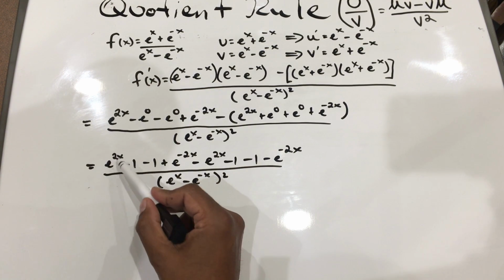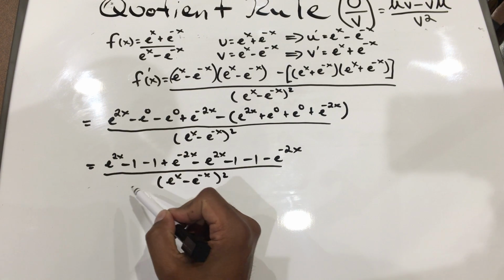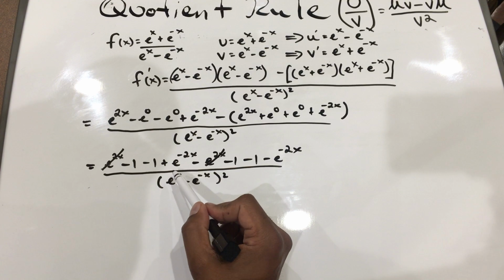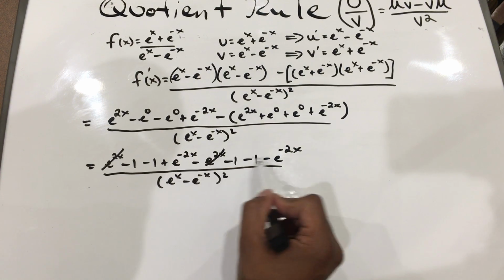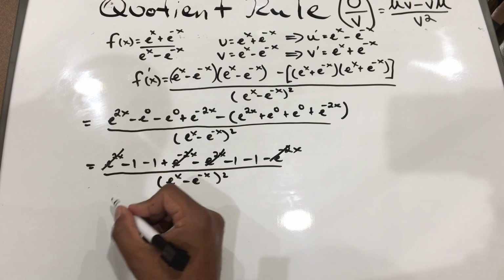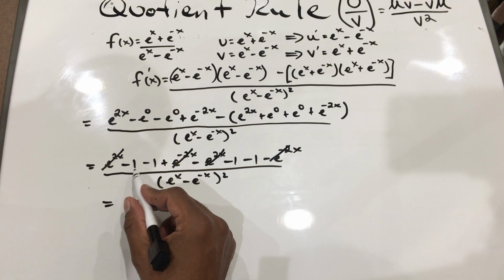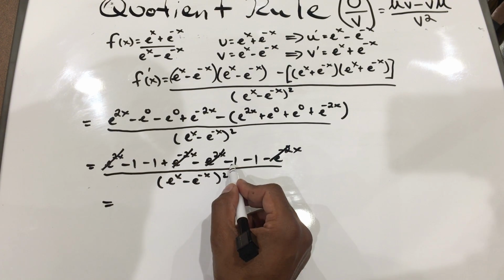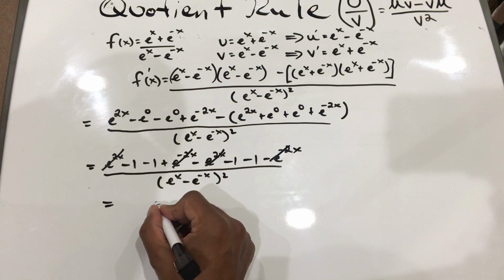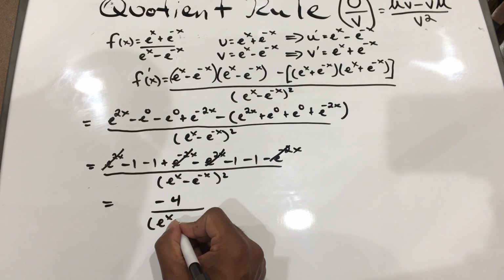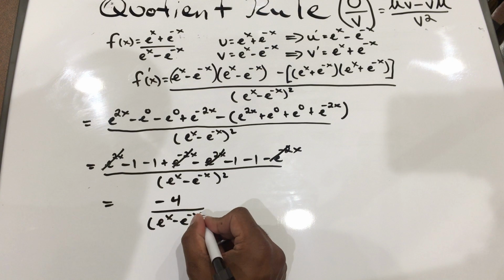So e to the 2x minus e to the 2x cancels. Plus e to the minus 2x minus e to the minus 2x, that cancels. So we're left with minus 1 is minus 2, minus another 1 is minus 3. We end up with minus 4 over e to the x minus e to the minus x quantity squared.